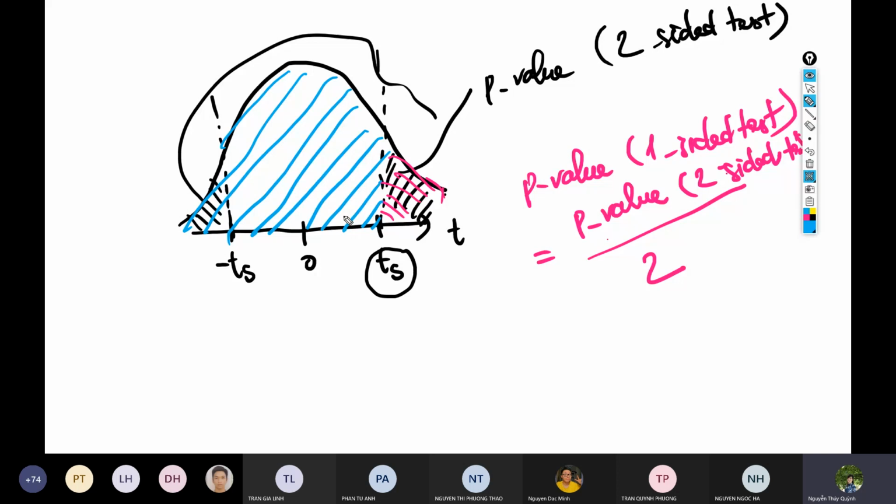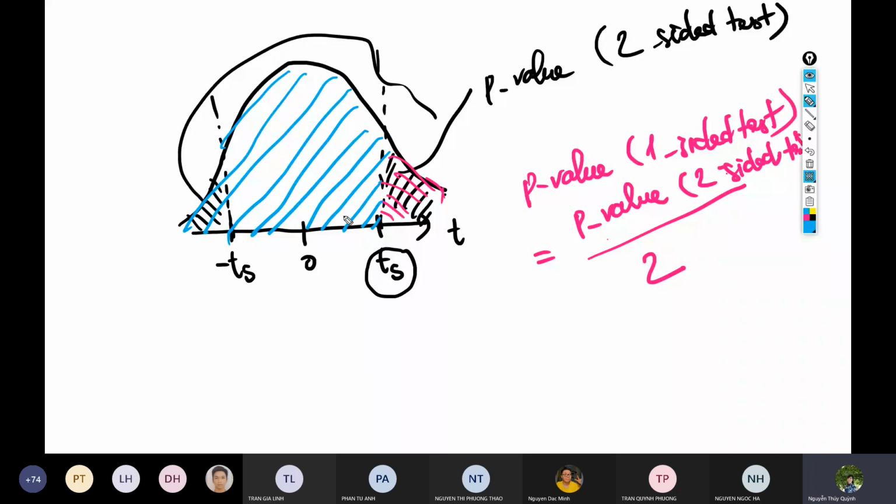But we want to test the opposite of that, which means that we want to test whether the actual value of the regression coefficient on SU is less than 0 or not.